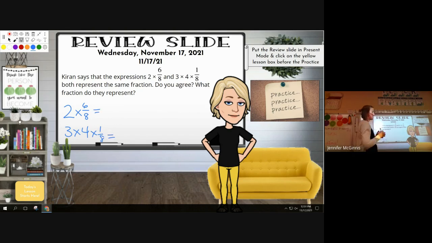Let's read this together. Chiron says that the expressions 2 times 6/8 and 3 times 4 times 1/8 both represent the same fraction. Do you agree? What fraction do they represent? So, do you agree?